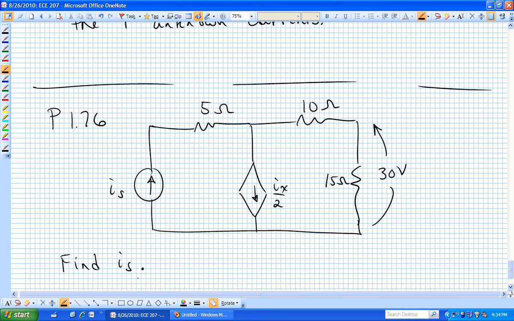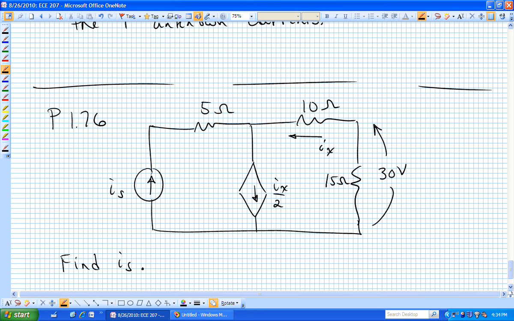But it's dependent. And if this was an exam problem and you're starting to work it and you go, okay, that's a dependent source, where's I sub x? It needs to be given somewhere else. I sub x is the current flowing through the 10 ohm resistor from right to left.